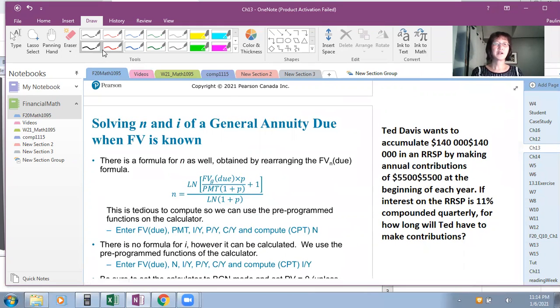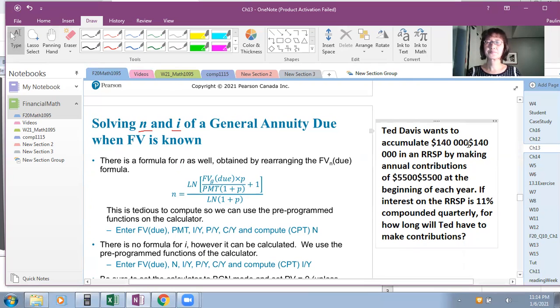Next, we'll calculate term N and interest I, okay, if future value is given. So let's look at an example. Ted Davis wants to accumulate to, so there is an extra number here.